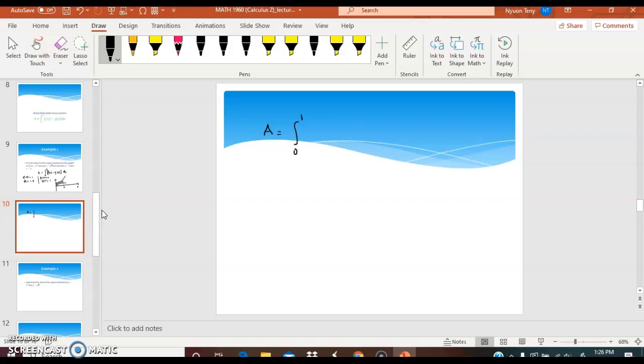So we want to find our integral from 0 to 1.